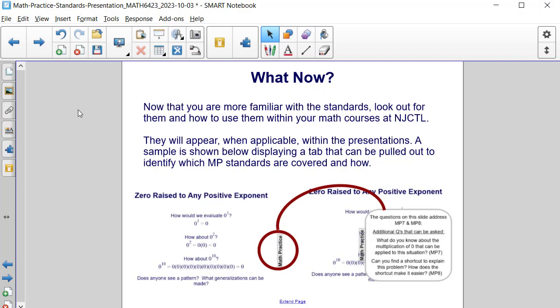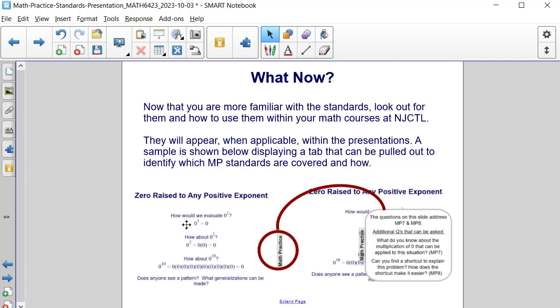Well, now that we know what all the standards mean and their context, what can we now do with them? Now that you're more familiar with the standards, look out for them and how to use them within your math courses at NJCTL. They will appear when applicable within the presentations, and a sample is shown below. So the regular slide looks like this, and it has this mathematical practice pull tab that can come out.